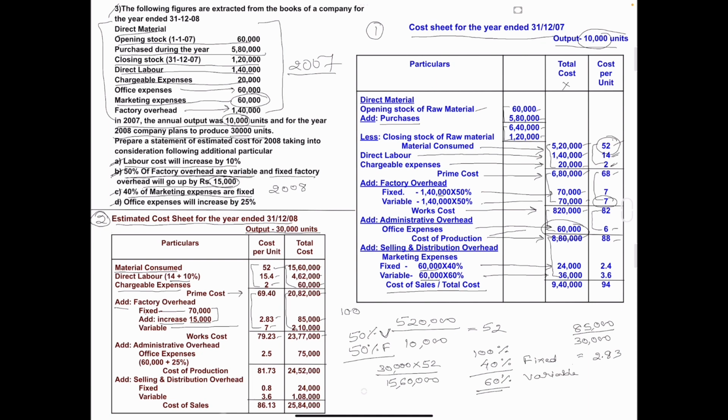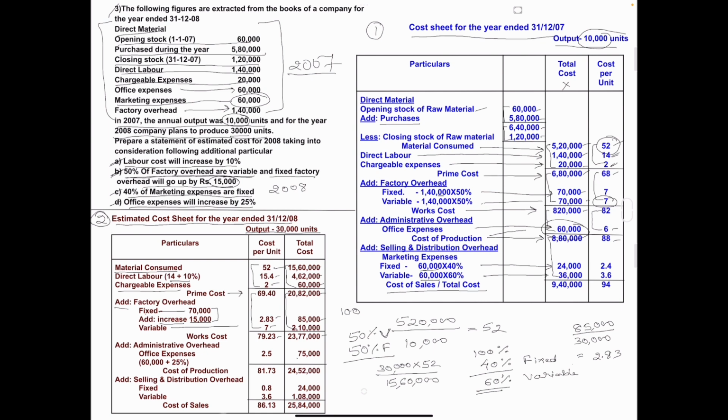And read point D. Office expenses will increase by 25%. Plus. So in 2008, the office expenses are increased by 25%. So write in bracket 60,000 plus 25%. In the calculator also you can type like this only, 60,000 plus 25%.